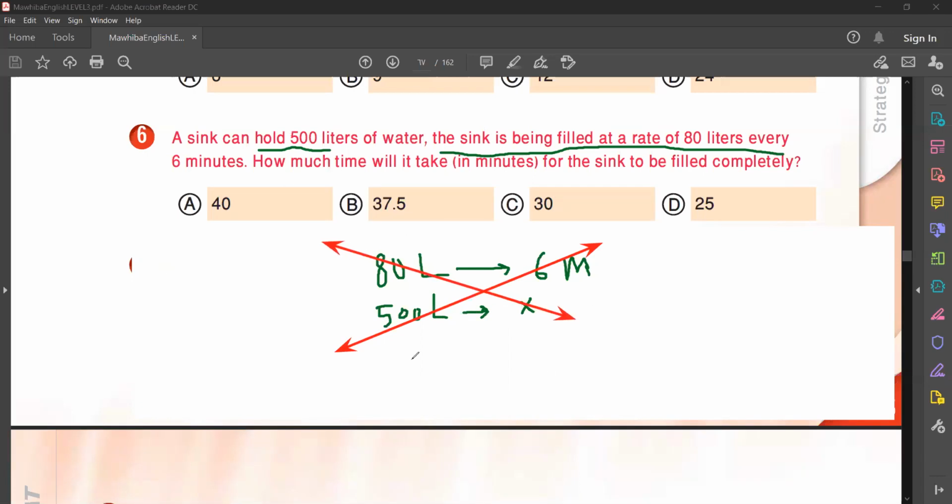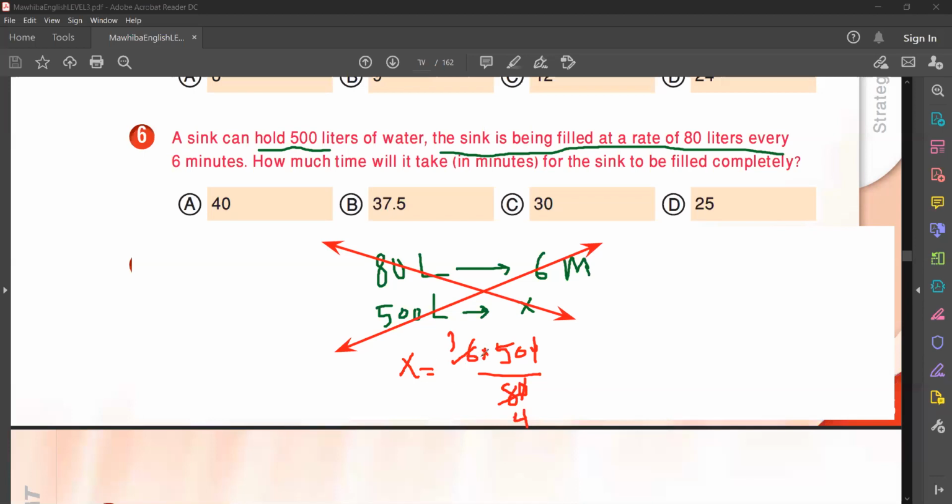So X equals 6 times 500 divided by 80, right? You can simplify 0 with 0. Also, you can divide it by 2. Here, 3. Also here, I think 4, right?